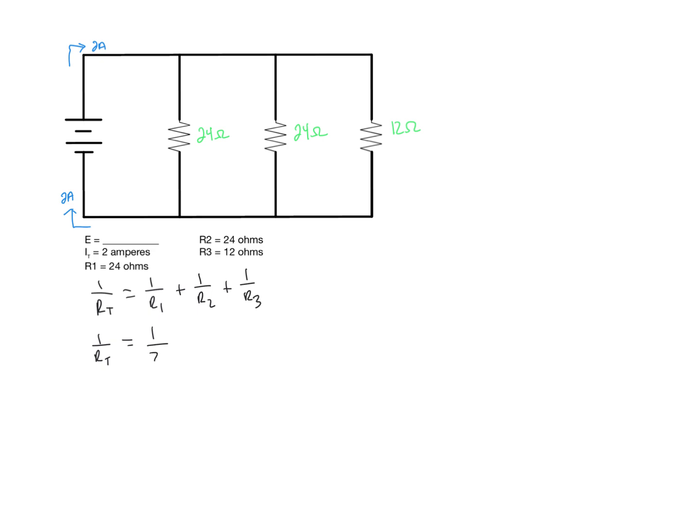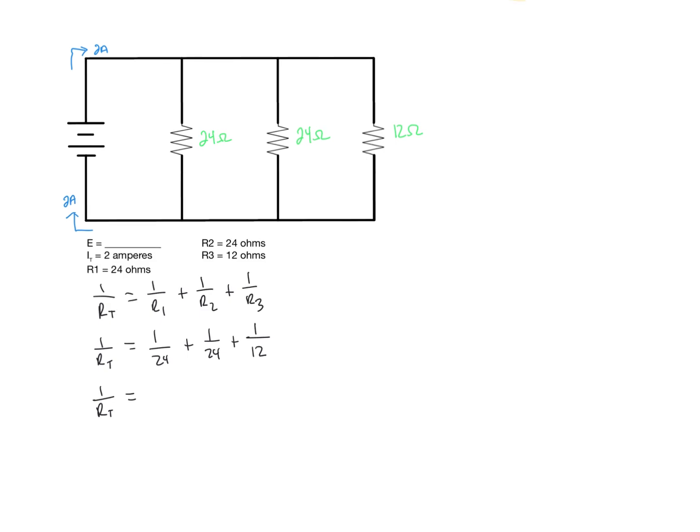We got 24 and 24 and 12. All right, so now 12 will go into 24. So all we're going to do in here is put in our 1 over 24 plus 1 over 24, and then over here, change that to 24, which is 2 24ths.